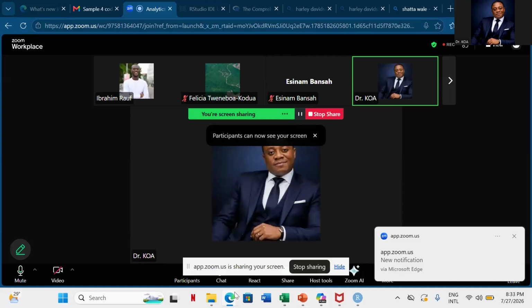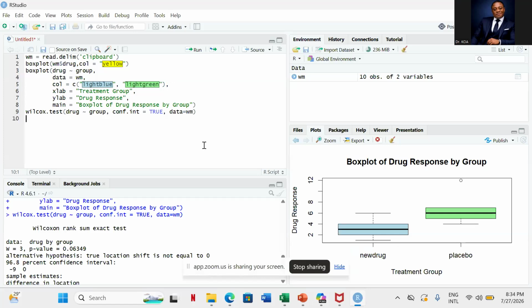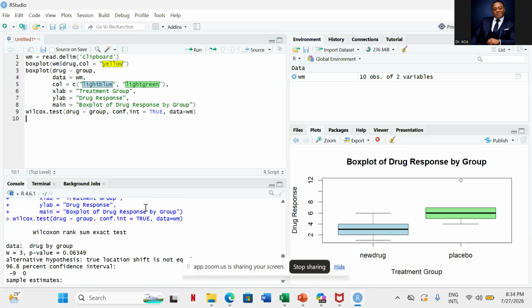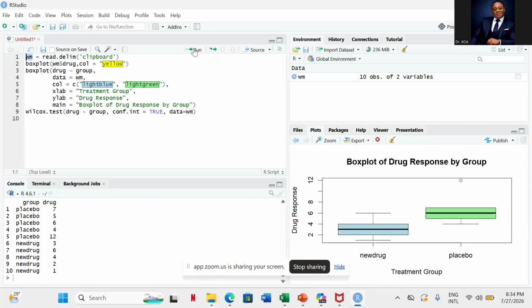Yeah, you show your data, your result. Go to where your result is. Okay, so here I have my results. My W is equal to 3, but then my p-value is 0.06349. Go to the number 1 and run WM. Highlight WM alone and run it. Okay, hold on.